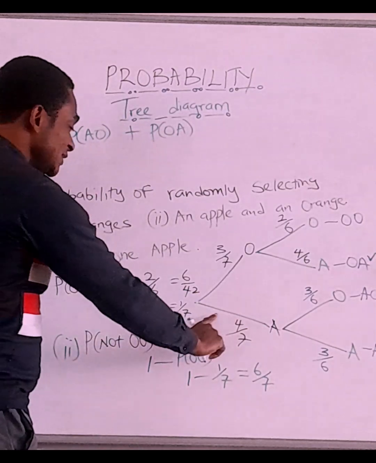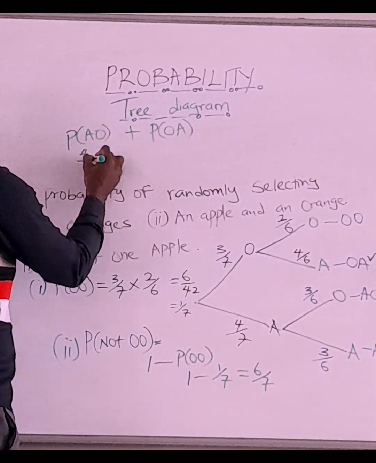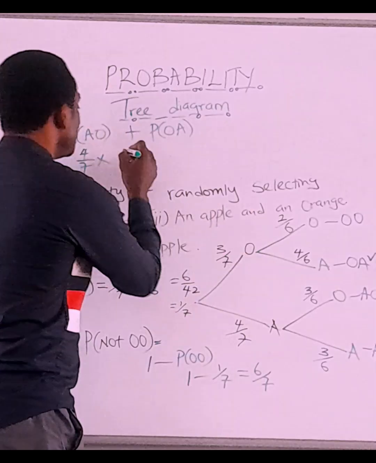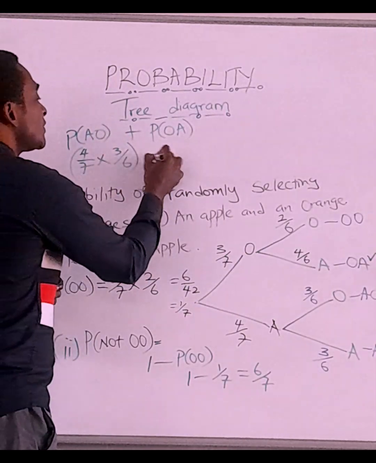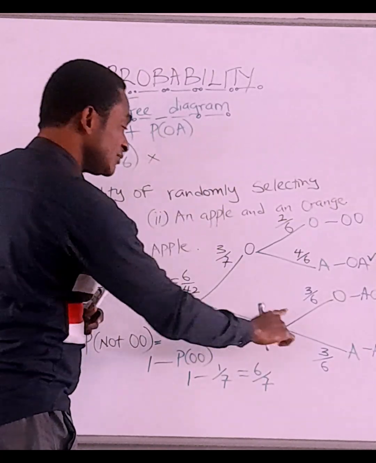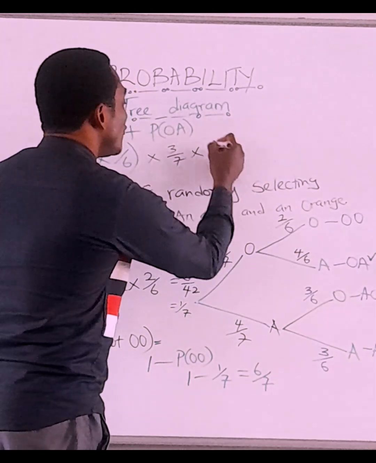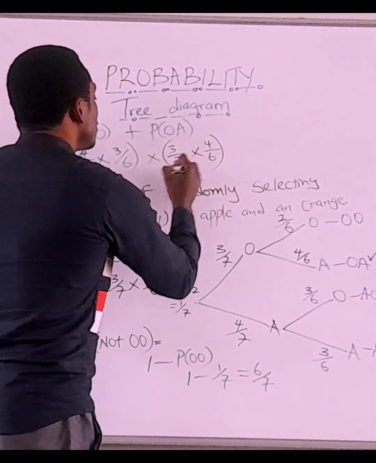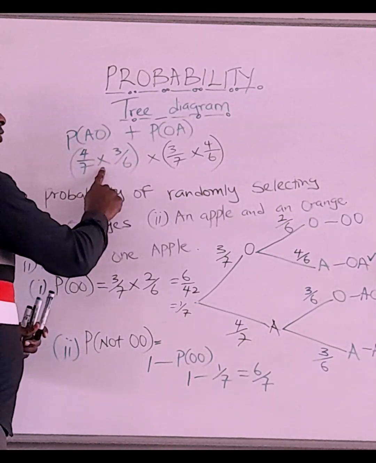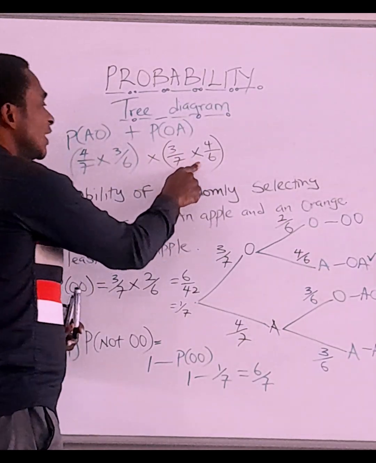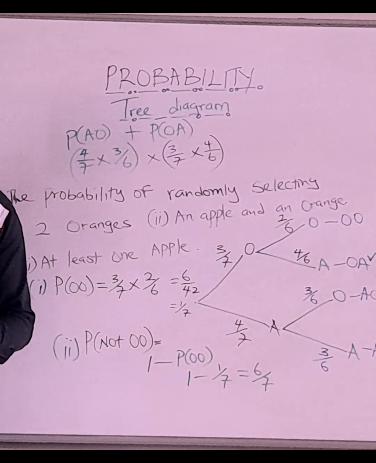So we will get the probability of apple orange, which is 4 over 7 times 3 over 6, plus orange apple, which is 3 over 7 times 4 over 6. So when we simplify this, we have 12 over 42 plus 12 over 42. Whatever it gives us, that is our final answer.